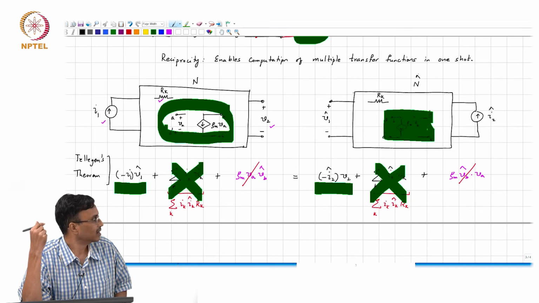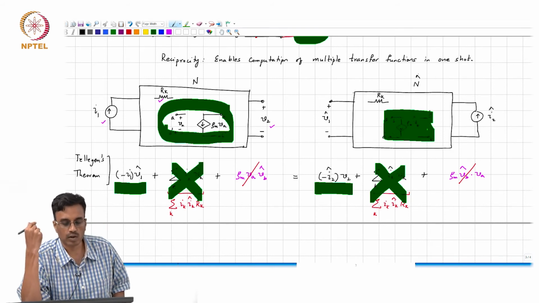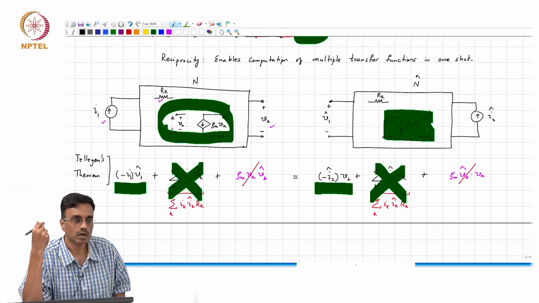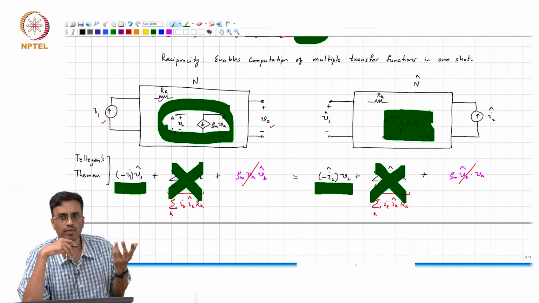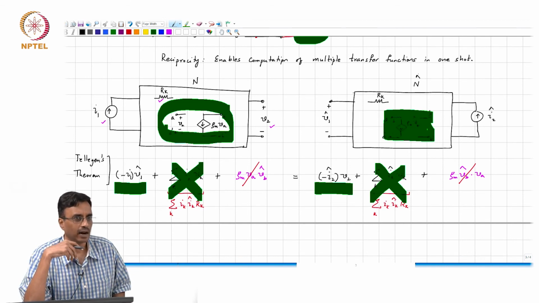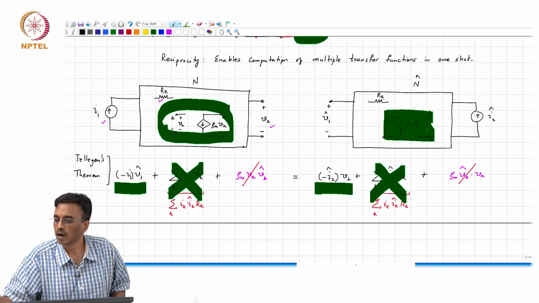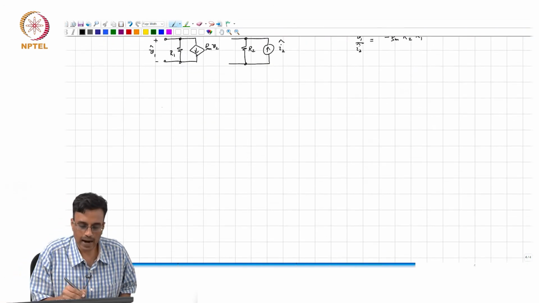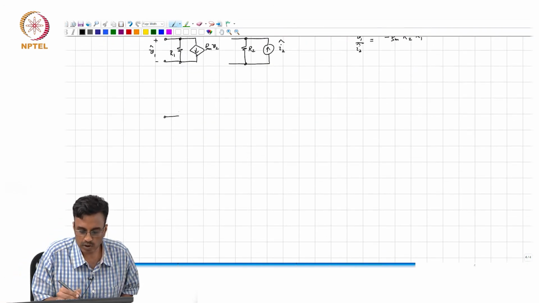Now, if you have 100 voltage controlled current sources, what would you do? You flip the orientation of all the 100. So in other words, the rules are the following.